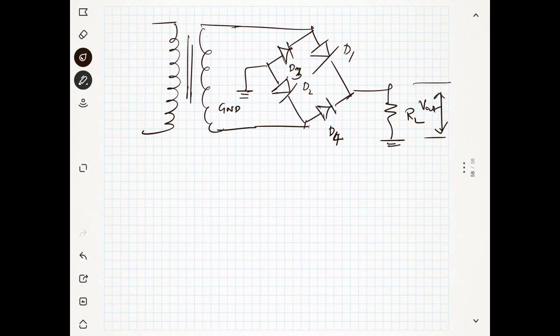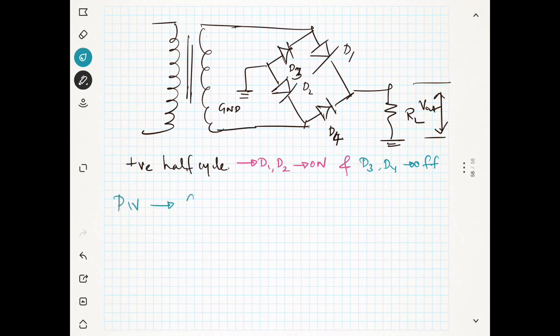Whenever we take the positive half cycle, I told you D1 and D2 are on, and D3 and D4 are off. So to find the peak inverse voltage, we consider the diodes which are in the off state.